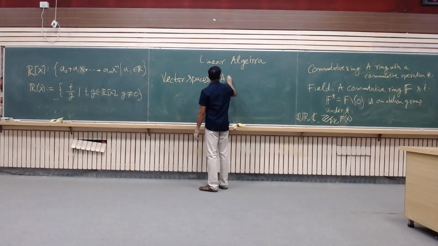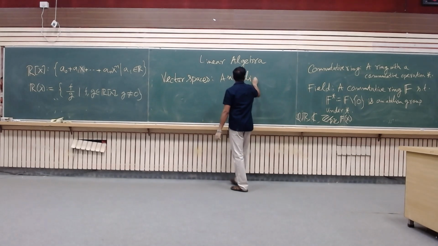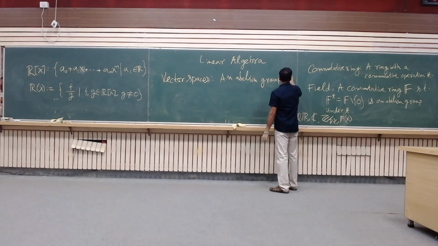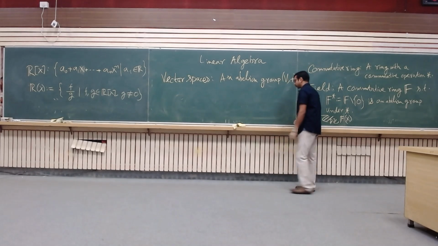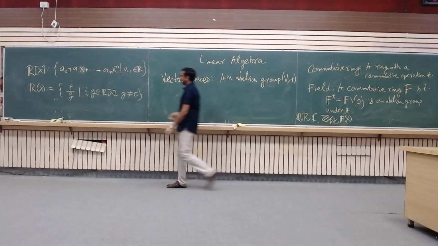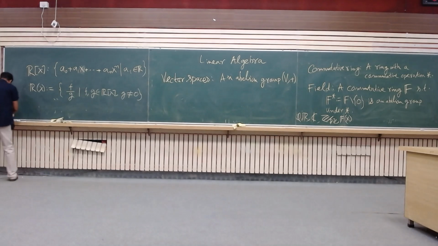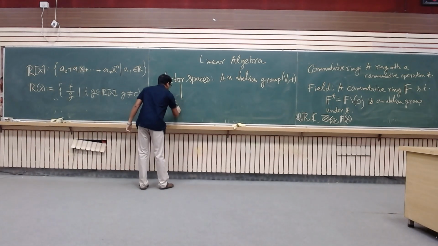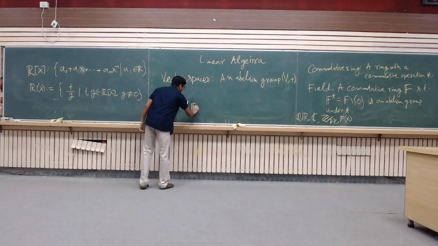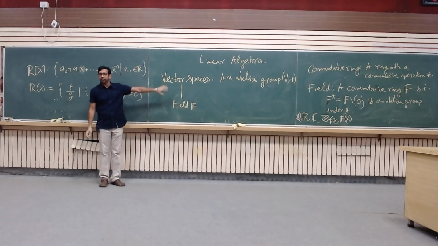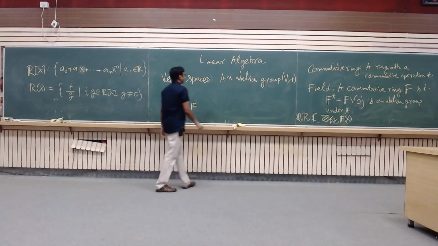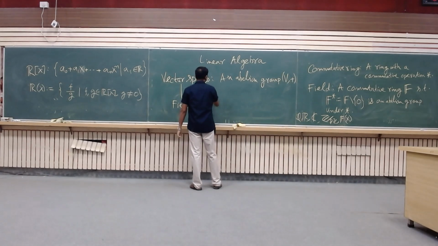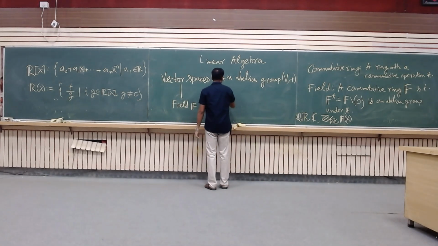An abelian group (V, +), and for each vector space, we'll define a vector space over a field F. So a vector space should be defined over some field F, the underlying field of a vector space V. And it is not only an abelian group, but it has this additional structure called scalar multiplication with elements from F.